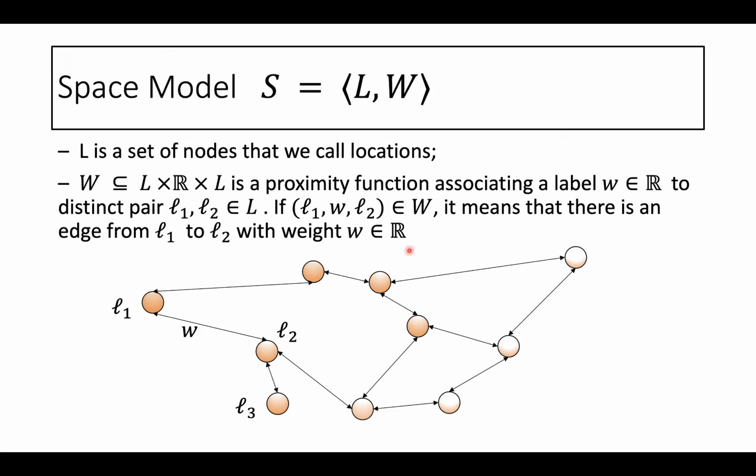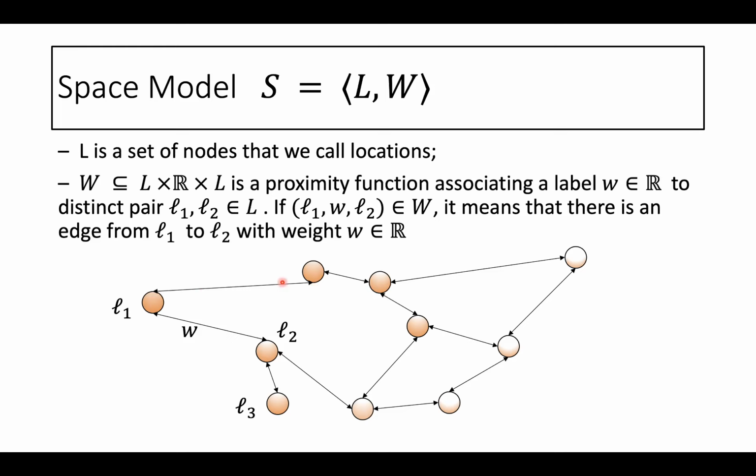As you can see here, for simplicity, we consider undirected graphs. You can see there is an arrow going in both directions.